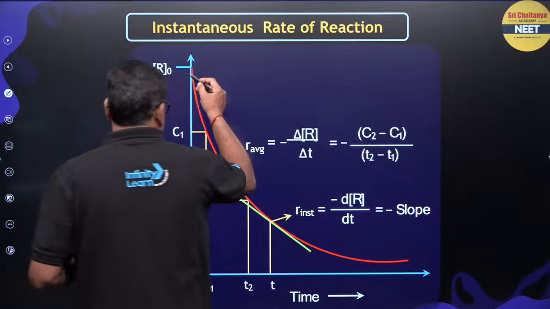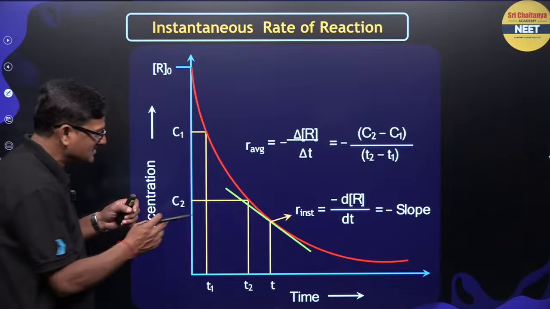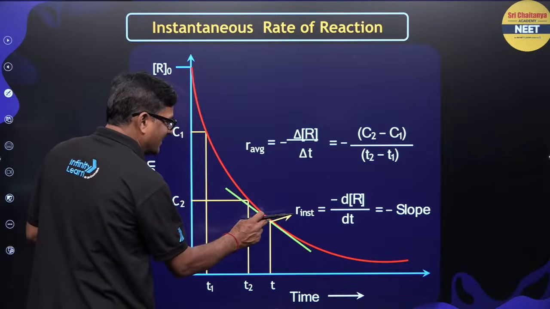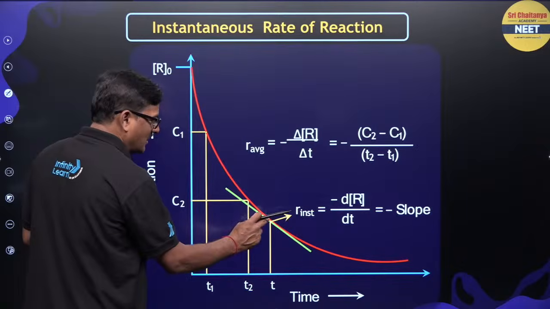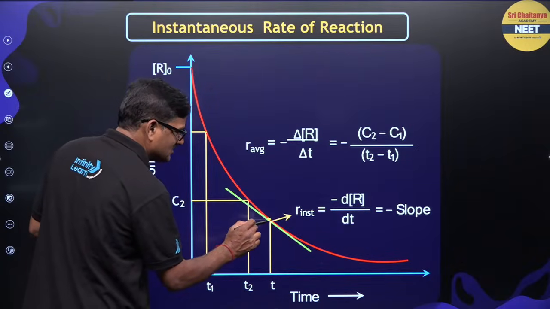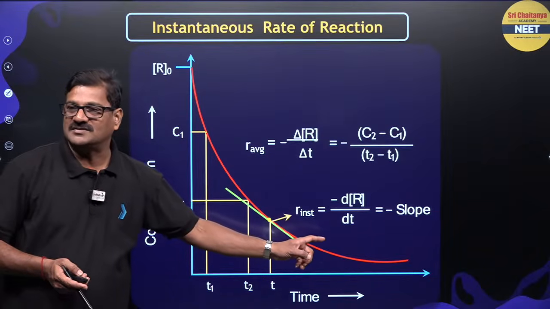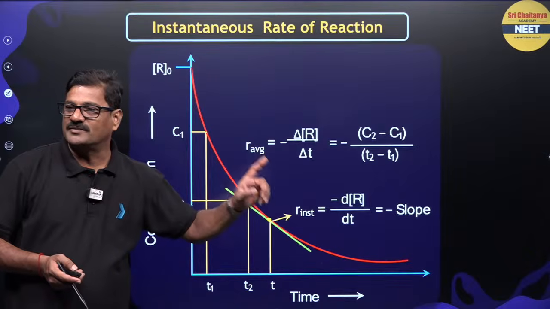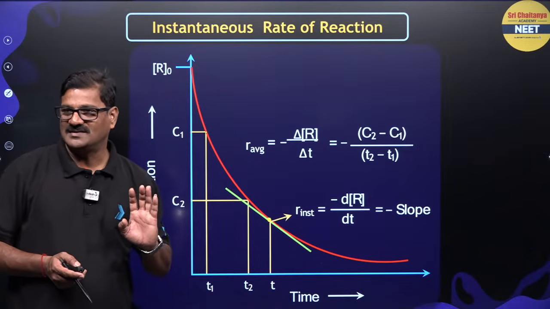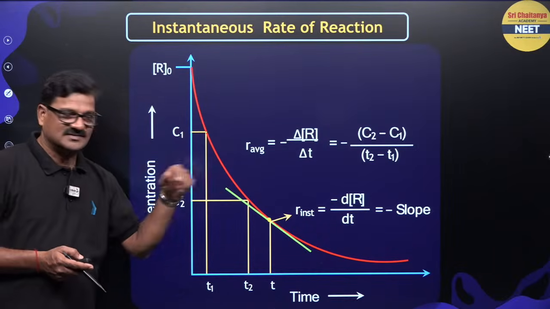As the rate of reaction is decreasing with respect to time, if these are the two times, time 1 and time 2, this is called the average rate, and if you take a slope here, the tangent, that is minus dr by dt, it is going to be a negative slope. This is the difference between average rate and instantaneous rate.